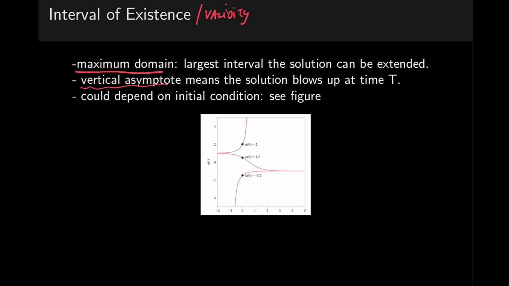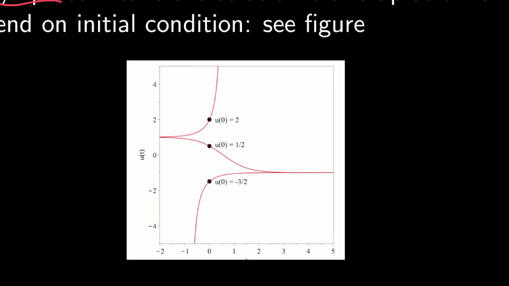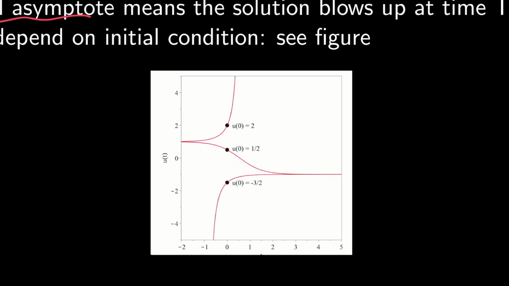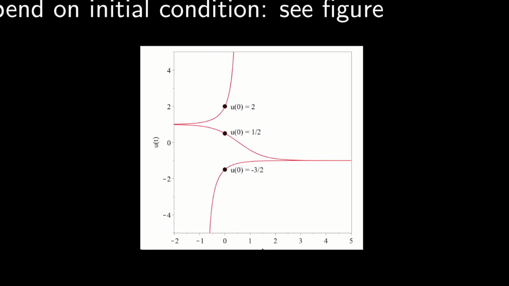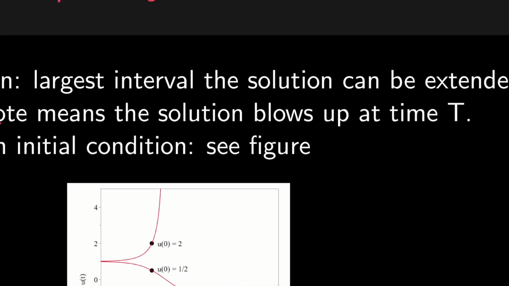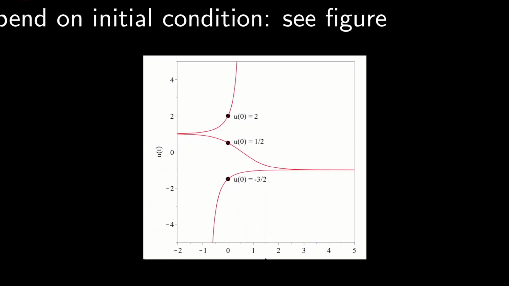However, it doesn't have to be the case. With an ODE here, which I don't think I have the formula for, I forgot to write that down, we were able to plot a few solutions based on this direction field, and the behavior that emerged based on the different initial conditions was as such.